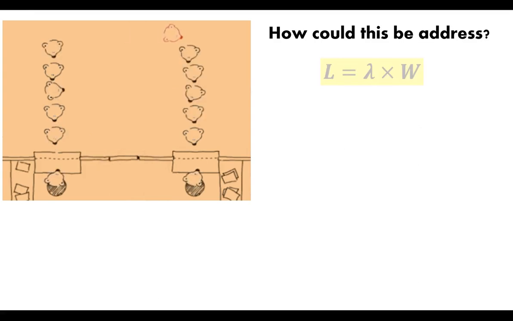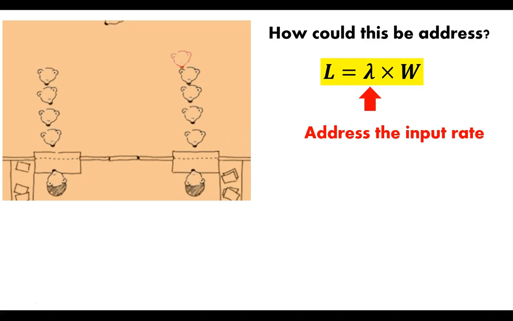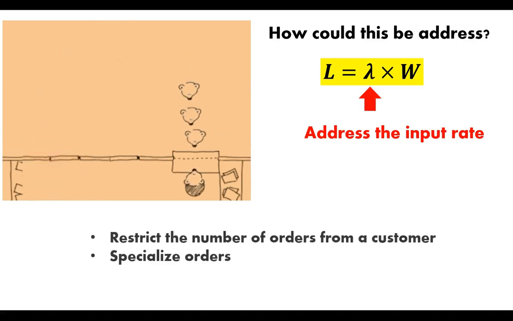Another way we could get around this, looking at Little's Law, is to look at how fast the bears are showing up. Why are they showing up at the rate that they are? How can we address this? Well, we can start to regulate how the customers are coming in, or how many orders we take from the customer. Why would we want to do this? Maybe there are certain issues with it.